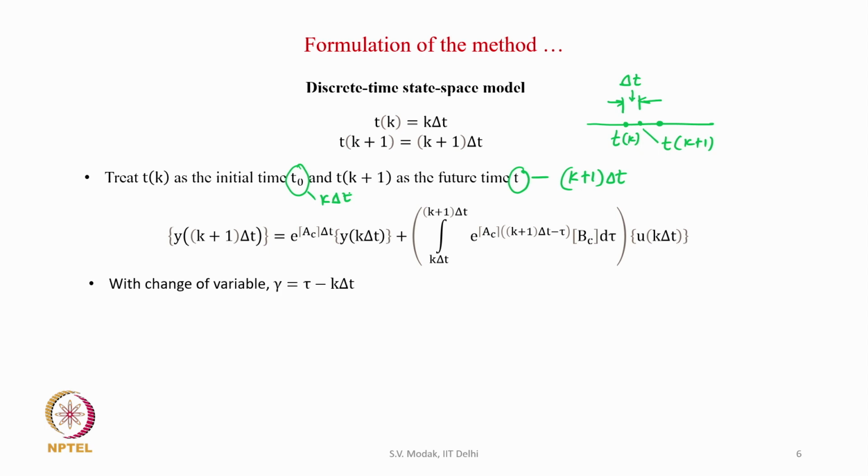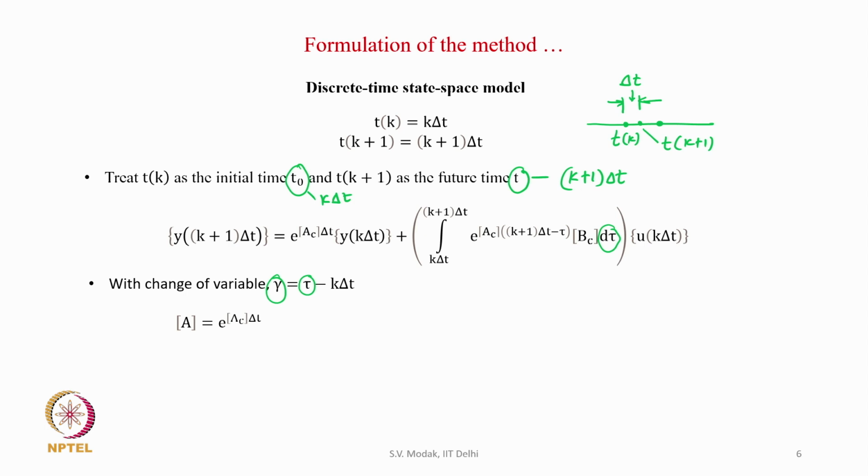Now, let us do a change of variable. We change the variable of integration, tau, to gamma. We replace tau in terms of gamma: tau is equal to gamma plus k into delta t, and then we simplify the equation and obtain these results.